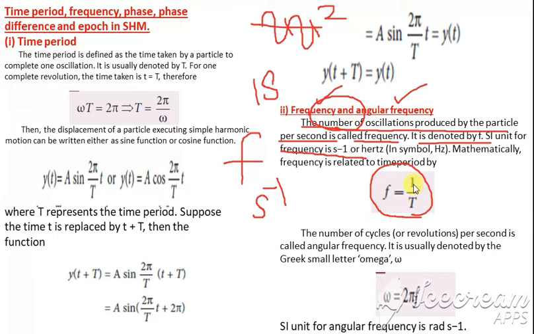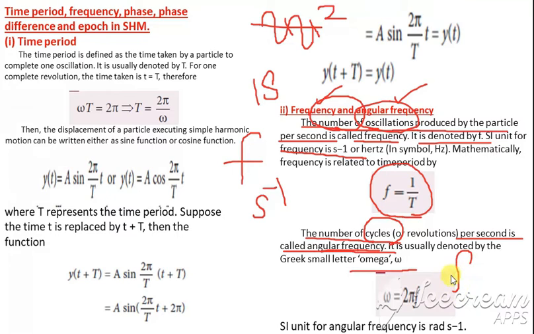So f is equal to 1 by T, and we can also write the number of cycles per second, that is called the angular frequency. The number of oscillations for 1 second is the number of cycles per second, and that is called the angular frequency. It is denoted by omega, and omega is equal to 2 pi into f.